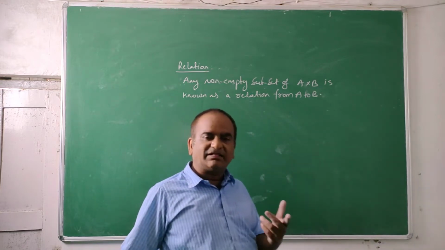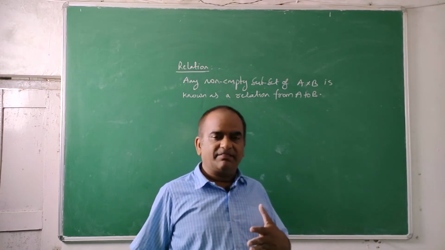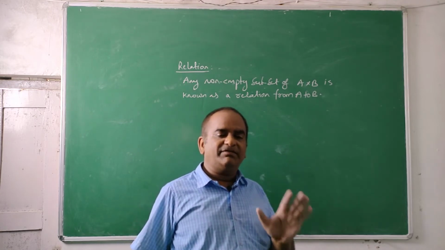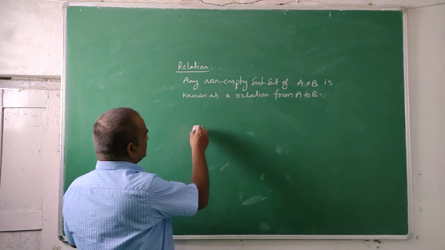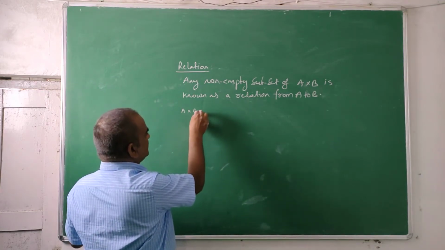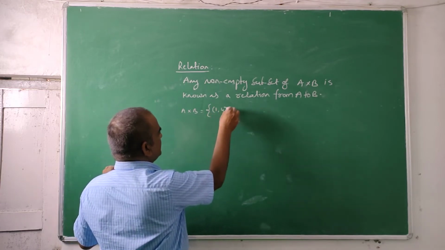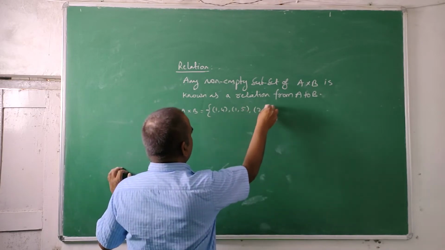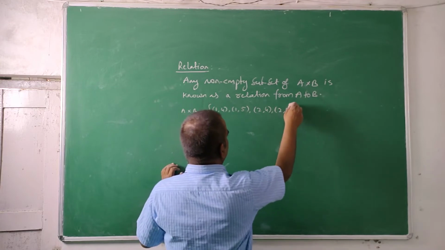See, in the previous example, we have taken A cross B. Just I am taking the previous example only. In the previous example, what A cross B we got as (1,4), (1,5), (2,4), (2,5), right? (3,4), (3,5).